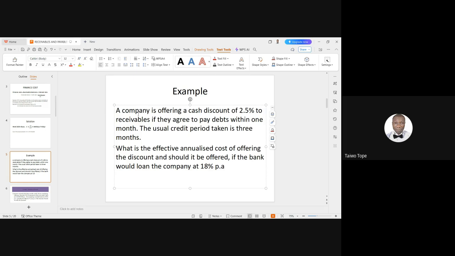So this is a question that a company is offering a cash discount of 2.5% to receivables if they agree to pay the debt within 1 month. The usual credit period taken is 3 months.